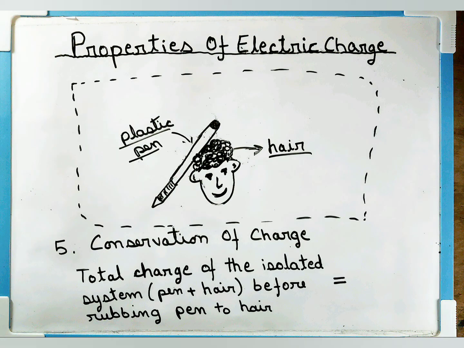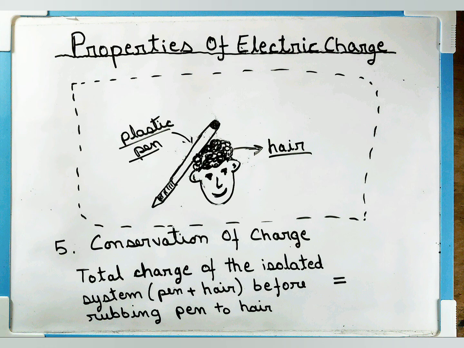And we select the system, which is the pen and the hair. Now before rubbing this pen to our hair, both the pen and the hair are electrically neutral.